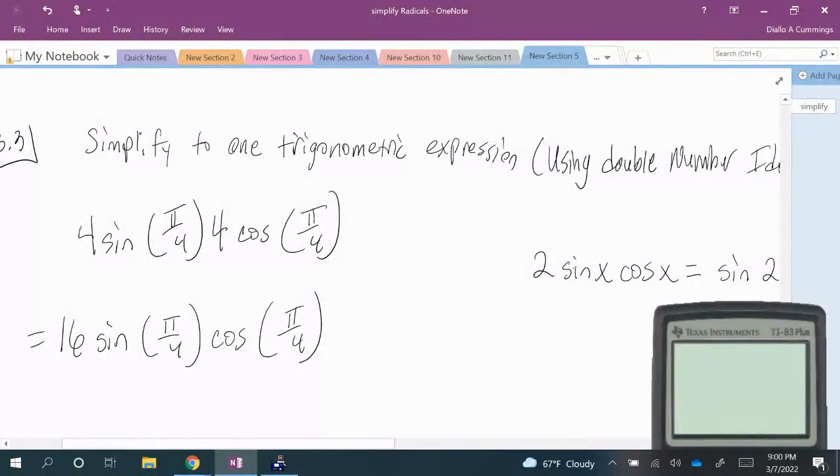Do you agree with what is going on here? I simply multiplied 4 times 4, that's where the 16 comes from, and I just pulled that 16 in front of my sine times the cosine. So these two things are in fact one and the same.